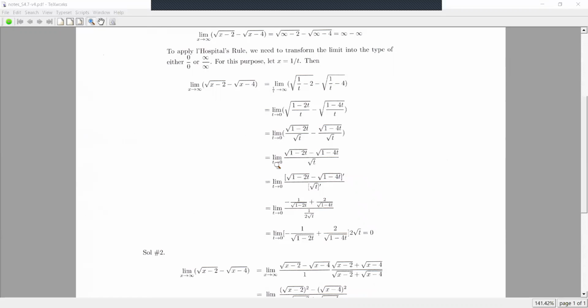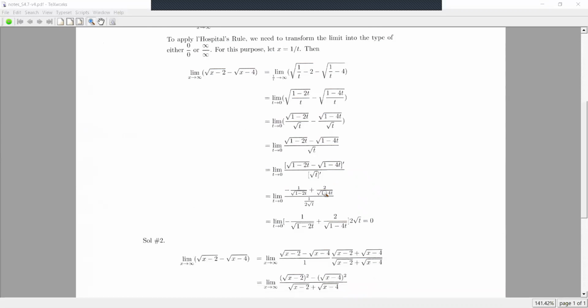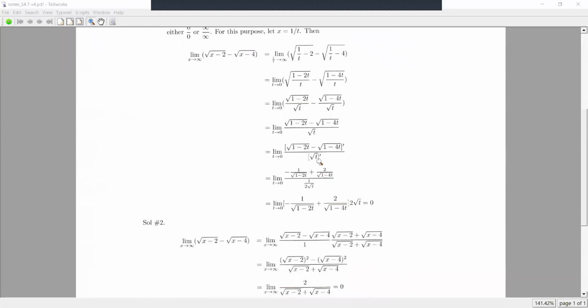By L'Hopital's rule, this limit is equal to the derivative of the numerator over the derivative of the denominator. Now the derivative of the square root of t is this. Computing the derivative of the numerator, for the first term we need to use the chain rule.